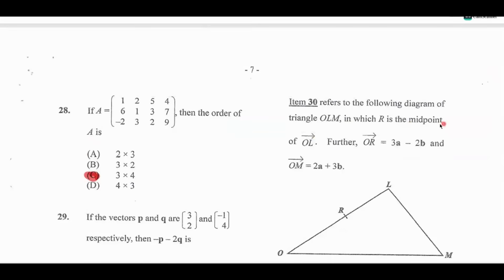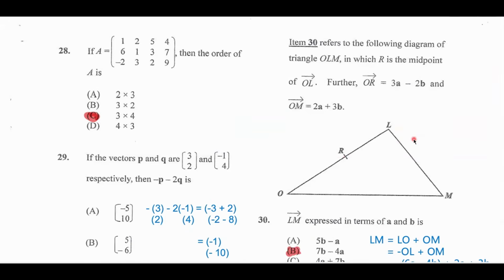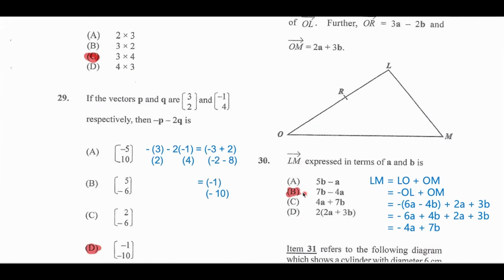Number 30, 34. In the diagram, a triangle OLM, in which R is the midpoint, okay, which you can see here, of OL. Further, OR is 3A minus 2B, and vector OM is 2A add 3B. So we want LM. Now, mind you, I couldn't get the arrows at this point, but LM, or vector LM, will come like what?